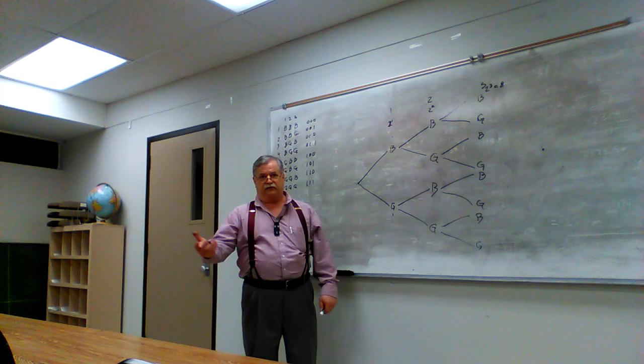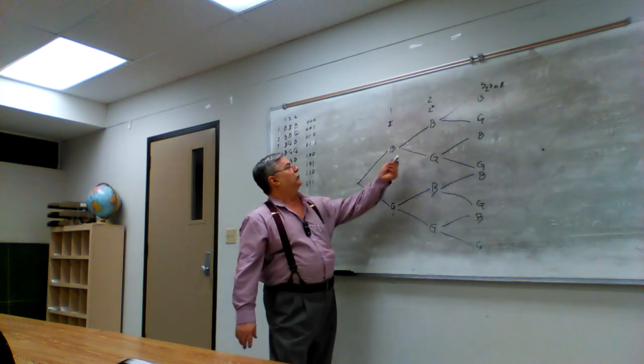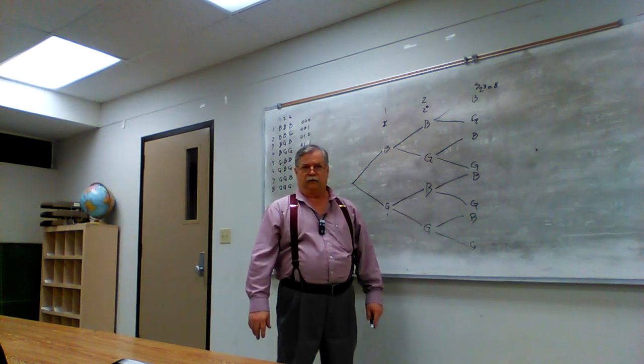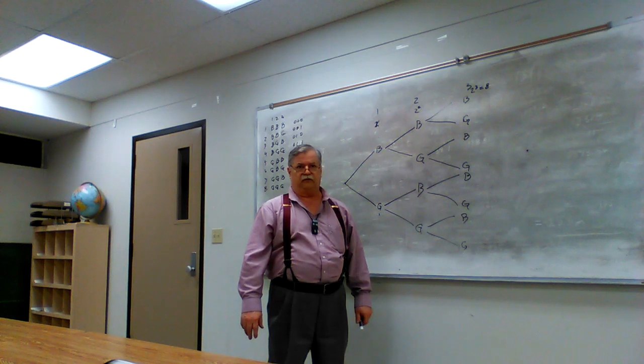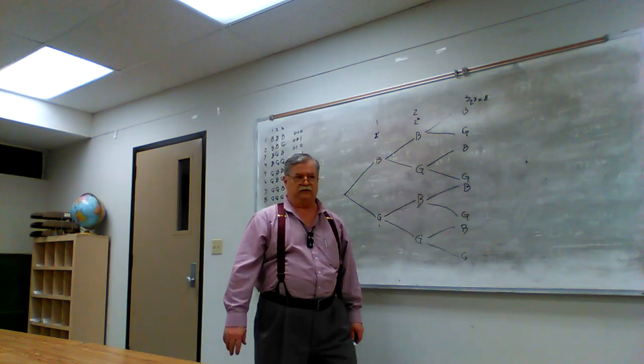You roll 1 die, there's 6 possible outcomes. 6 to the power of 1, 6. What if you rolled 2 die? No, 6 squared. 6 to the power of 2 is 36.